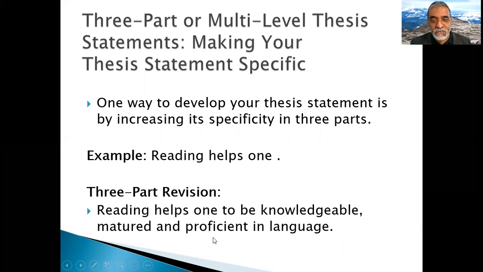After that, next paragraph would be matured. How can you be matured when you do reading? Maybe in the form of thinking, you're able to know better than before how to act on certain situation. And proficient in the language. The more you read, the more vocabulary you know, and your language will be better.